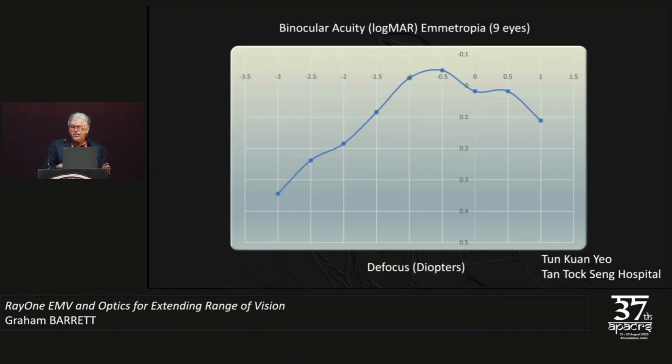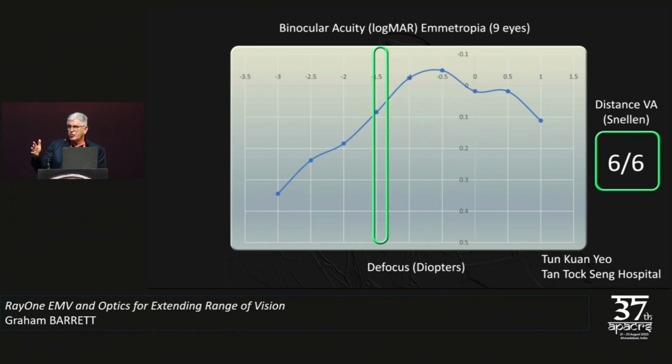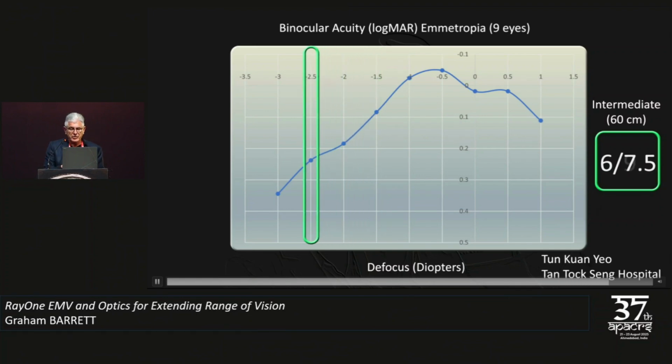This is a defocus curve from Tun Kwan in Singapore, and he did a comparative study using EMV with emmetropia and using EMV with monovision. If you look at the binocular defocus curve for the emmetropic eye, you can see even down to 40 centimeters, you can maintain 6/9 acuity.